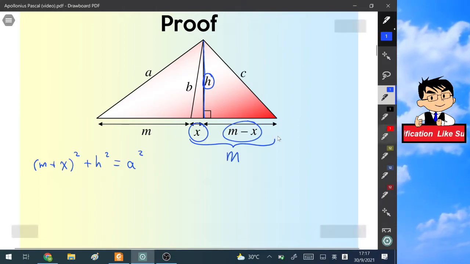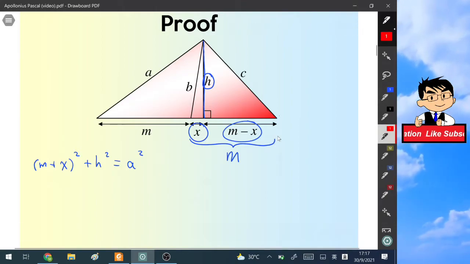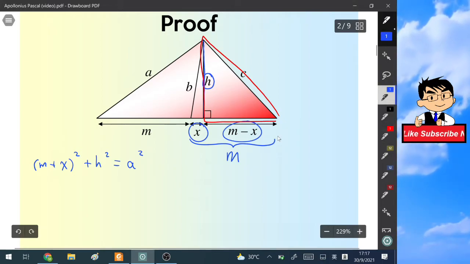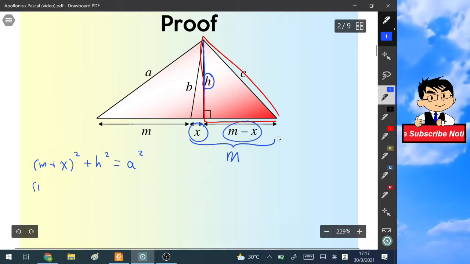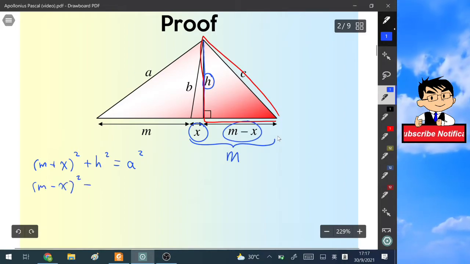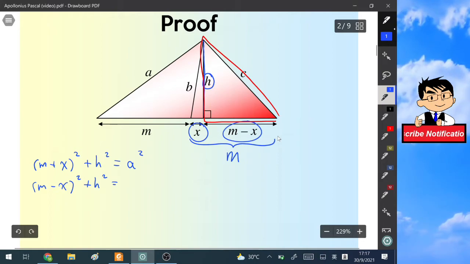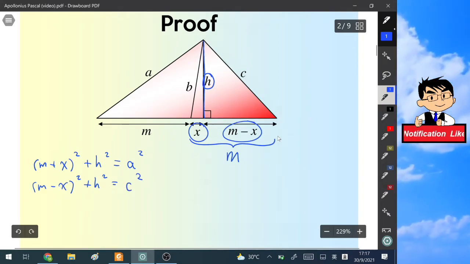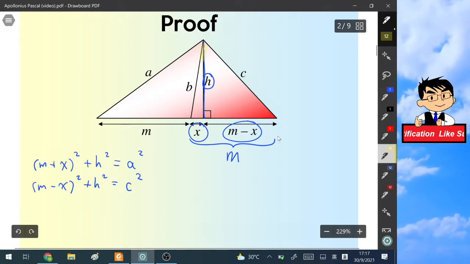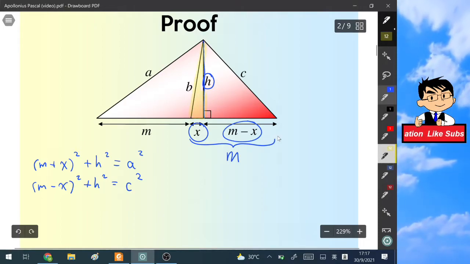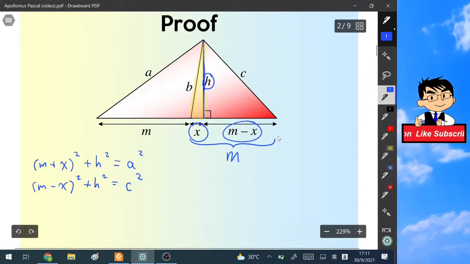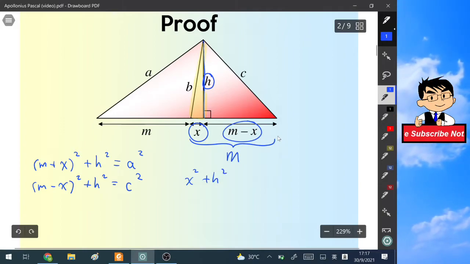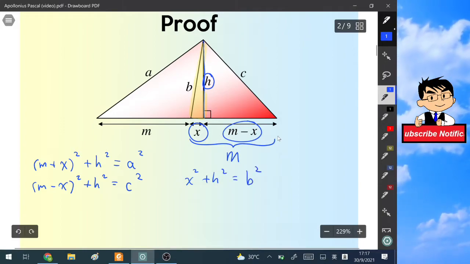The next right angle triangle is CH and m minus x, so we can write m minus x whole square plus h square equals c square. And the final right angle triangle is here, BH and x, and we can write x square plus h square equals b square.